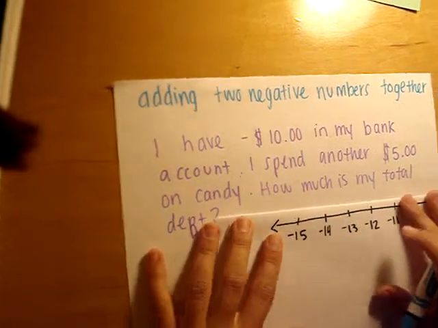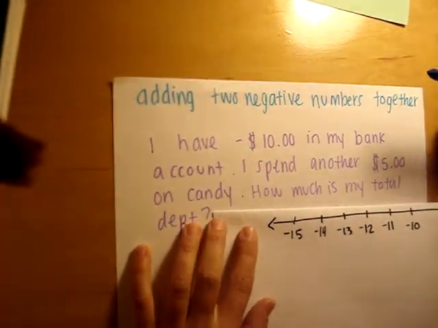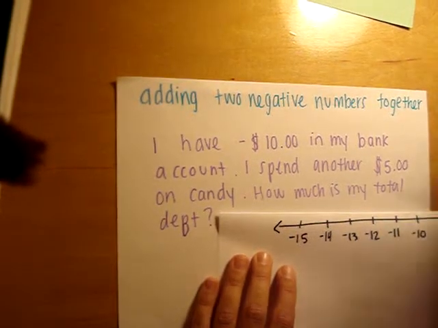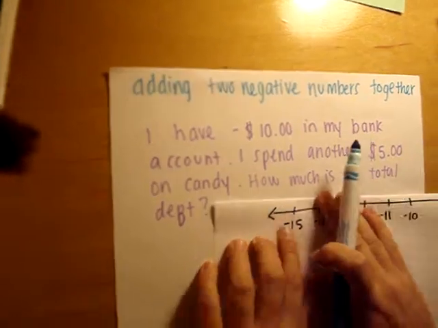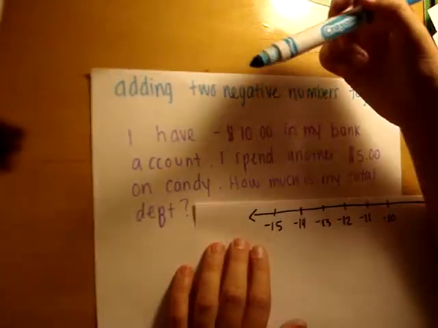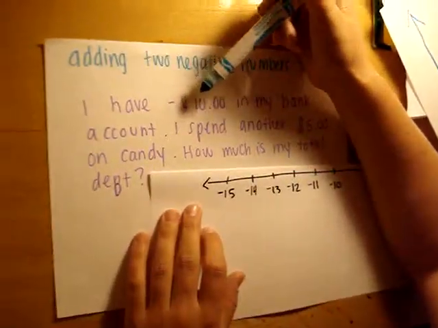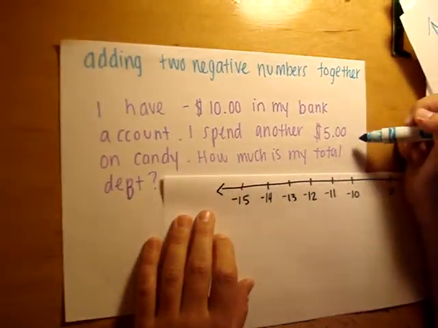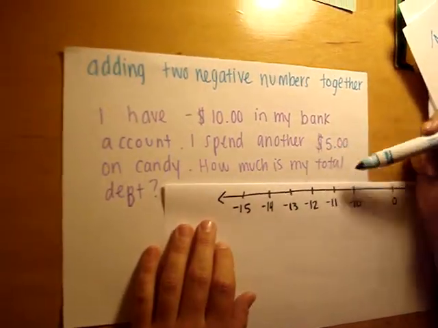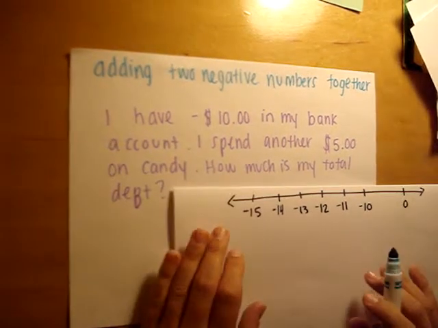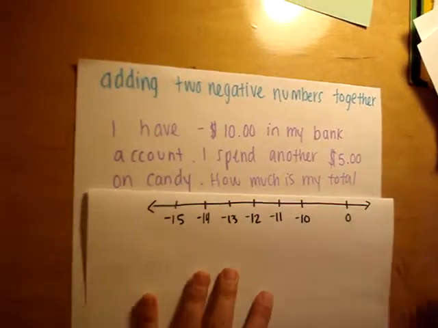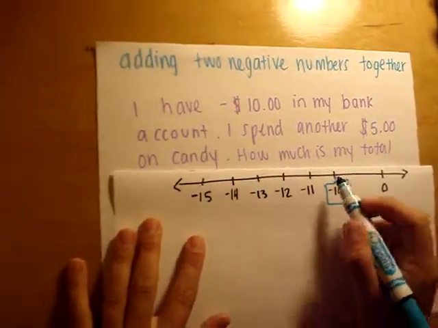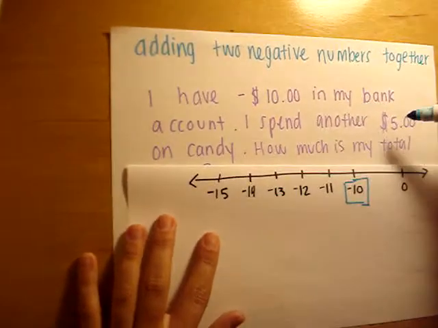Okay, so a big error that happens is when we're adding two negative numbers together. So, I have an example here. If I have negative $10 in my bank account, I spend another $5 on candy, how much is my total debt? So if we refer back to our number line, we start at -10 and we're spending another $5.